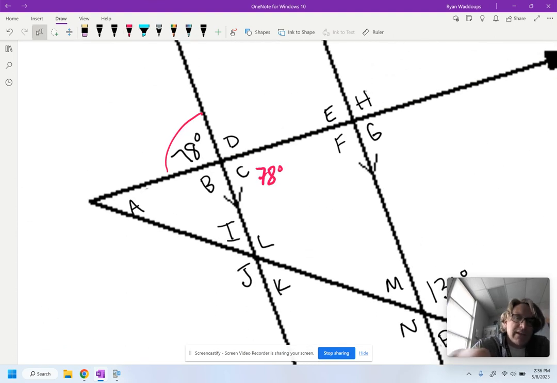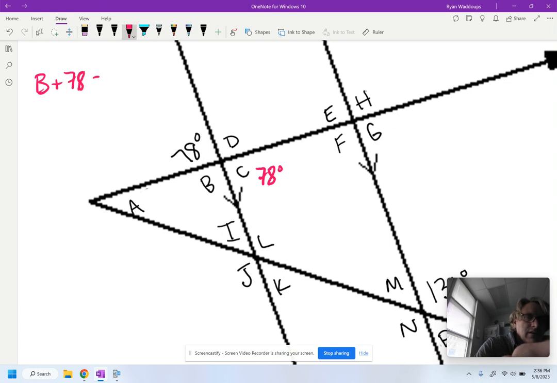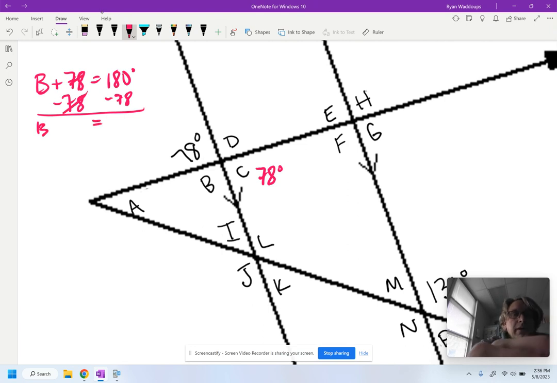And then I can see that because this plus this is a straight line, that's 180 degrees, I can say angle B plus 78 equals 180, and then subtract 78 from both sides. And B then would be 102.